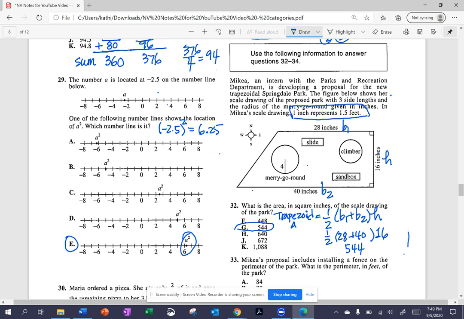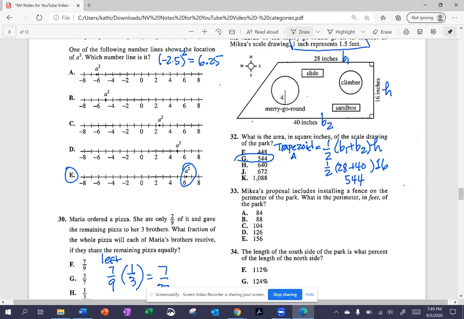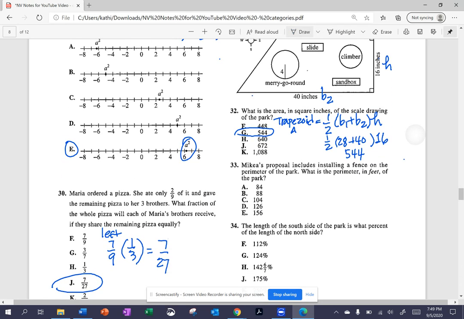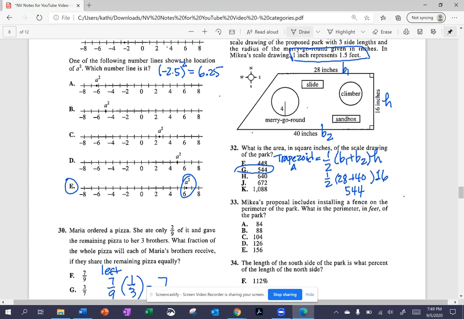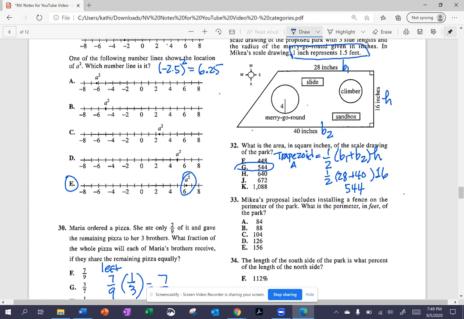Number 33. Micaiah's proposal includes installing a fence on the perimeter of the park. What is the perimeter in feet of the park? Okay, so perimeter is distance around.